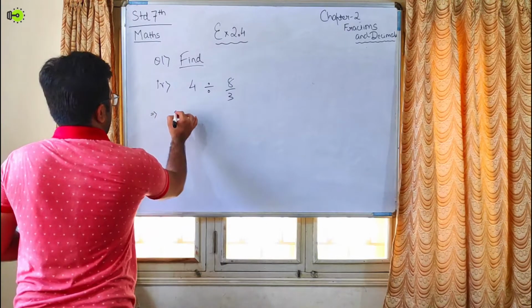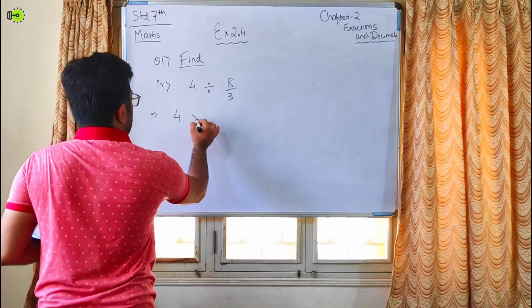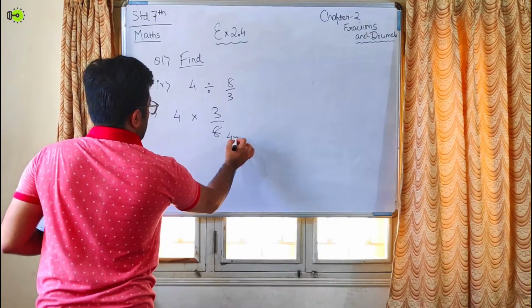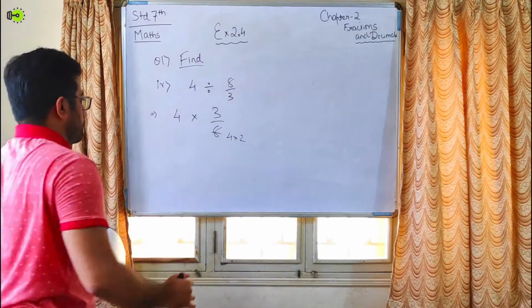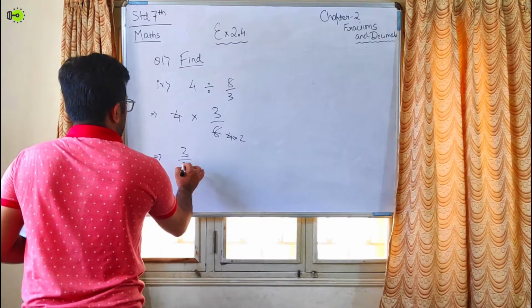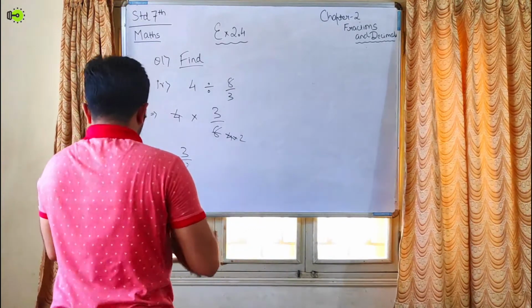So we'll write down 4 as it is, multiplication and the reciprocal of this, that is 3 by 8. Now try to find out the common terms. So this is cut down, your answer is 3 upon 2.